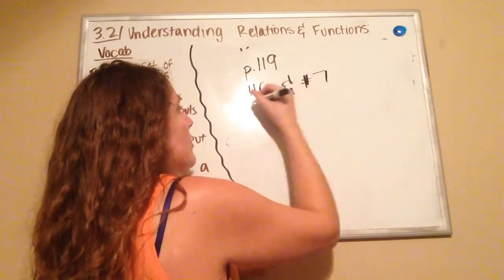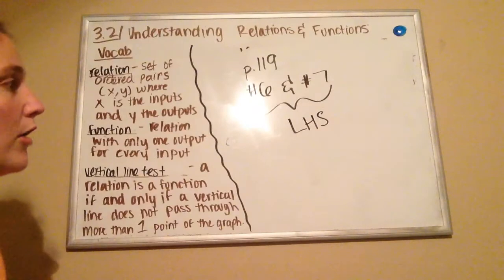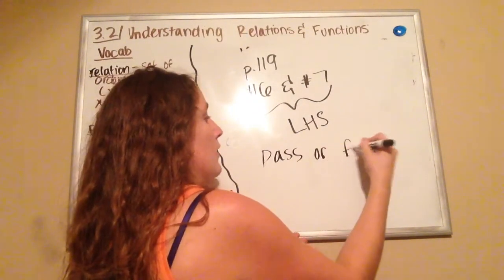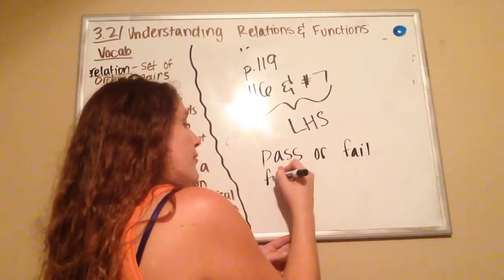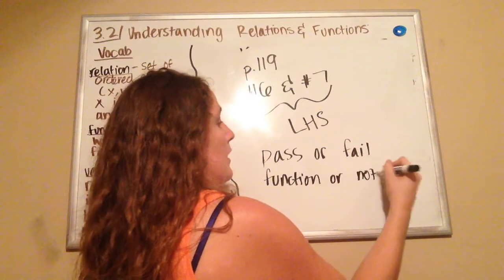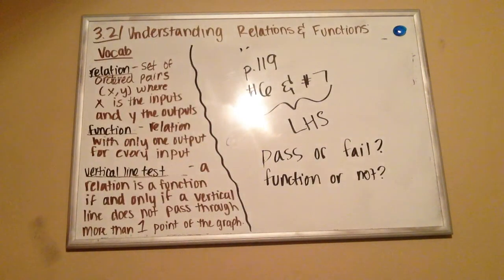Remember that you are completing these on the left-hand side of your journal. All you're going to tell me is, does it pass or fail? Which means, is it a function or not? You're answering those two questions about both number 6 and 7 on your left-hand side.